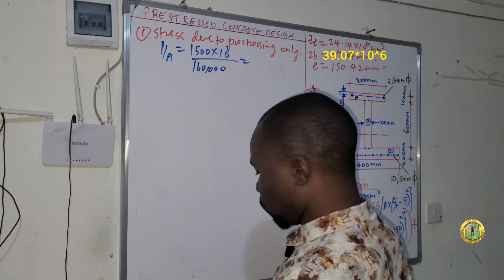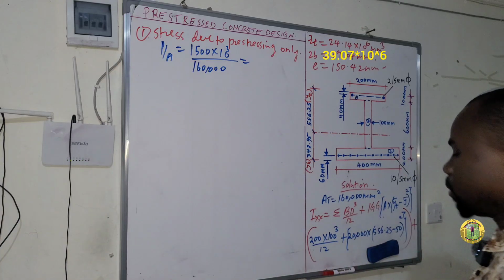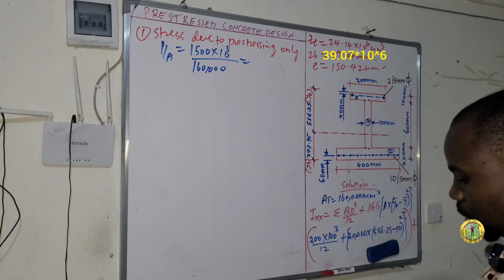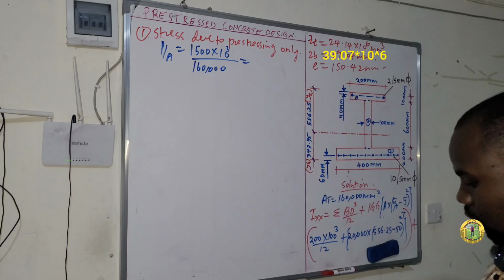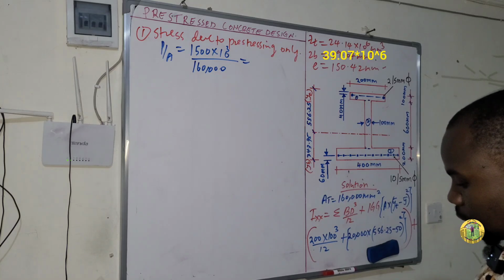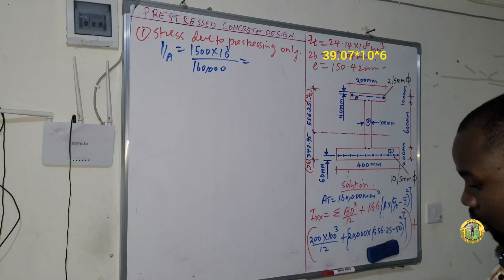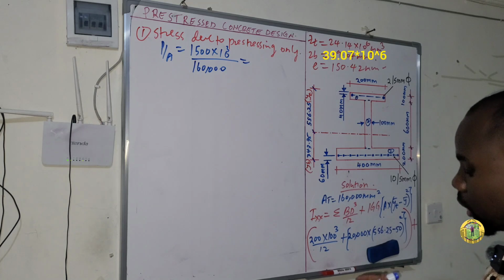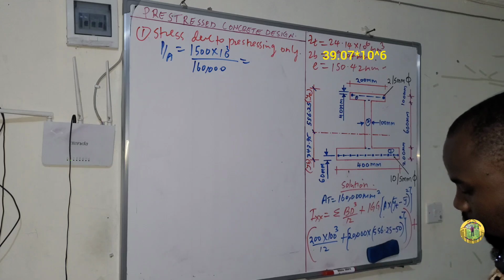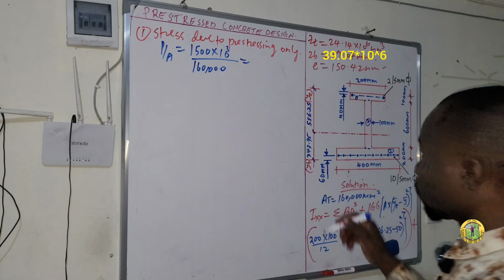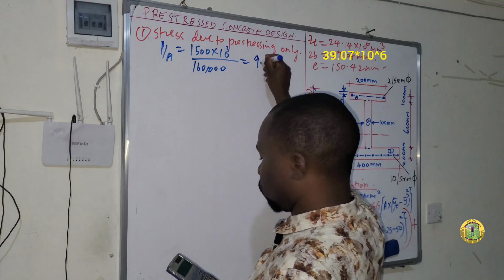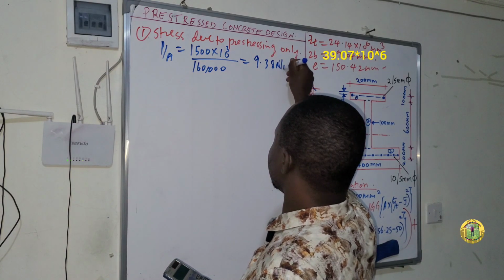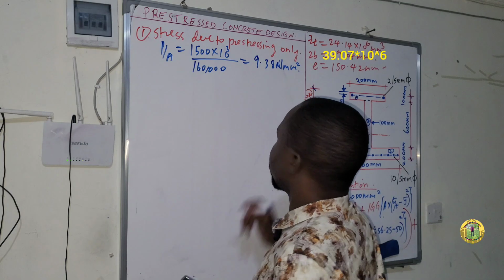So this one is equal to 1500 times 10 to power of 3 divided by 160,000. So this is 9.38 Newton per millimeter square.